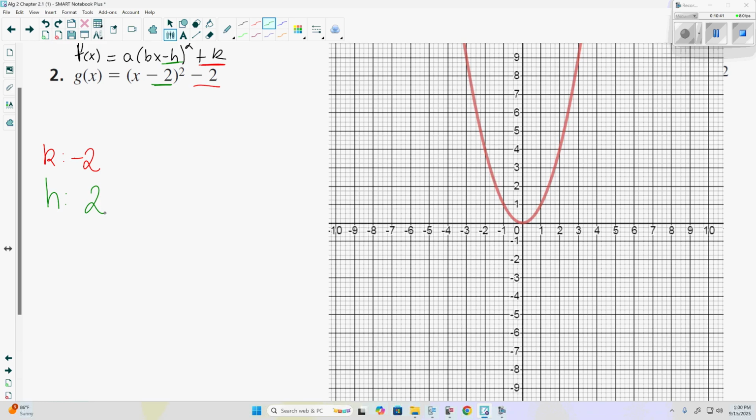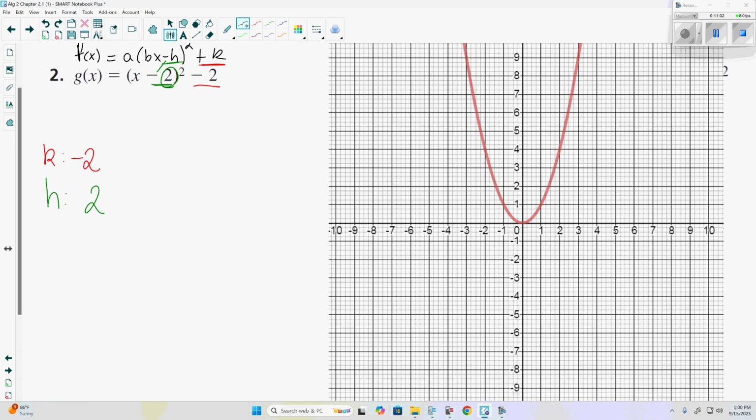It would be +2 because x minus h, x minus 2. So our signs line up, so h has to be +2. And that's it, because there is no number in place of B or A. So those are our only two transformations.